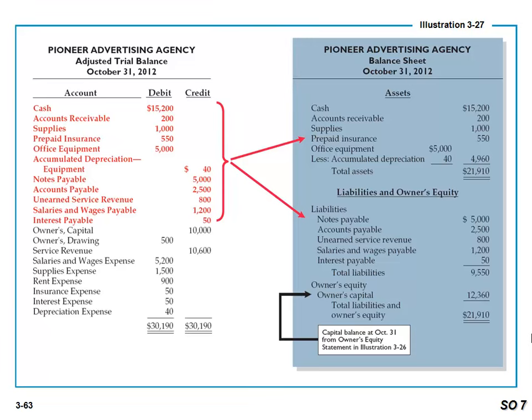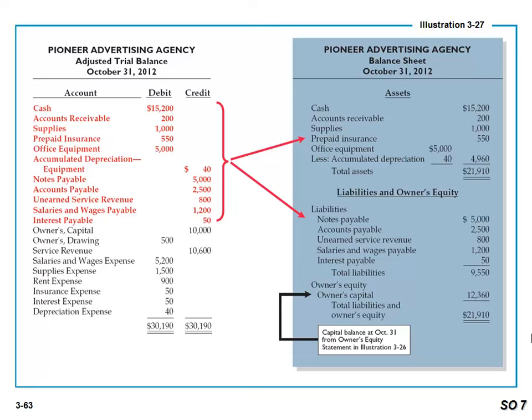All our asset accounts total $21,910, and I want to point out the fact that we needed the contra account accumulated depreciation to deduct from our office equipment account to come down to a net book value of $49.60 of our office equipment after we made our depreciation expense adjusting journal entry. That combined with our other asset accounts, cash, accounts receivable, supplies, remaining supplies on hand to be used in future periods, prepaid insurance, the remaining balance of our insurance that we prepaid that'll affect future periods, with a total asset amount as indicated.